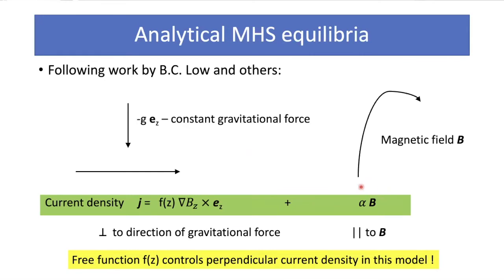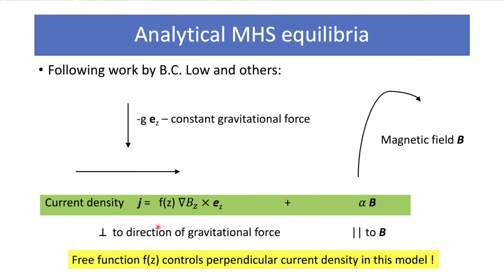And then you can add a constant alpha linear force-free part here, which is basically along the magnetic field direction. So this is parallel to the magnetic field. This is not perpendicular to the magnetic field, I have to point out. So this is only perpendicular to the gravitational force, and it will have components which are also parallel to the magnetic field, but it will also have components which are perpendicular to the magnetic field.